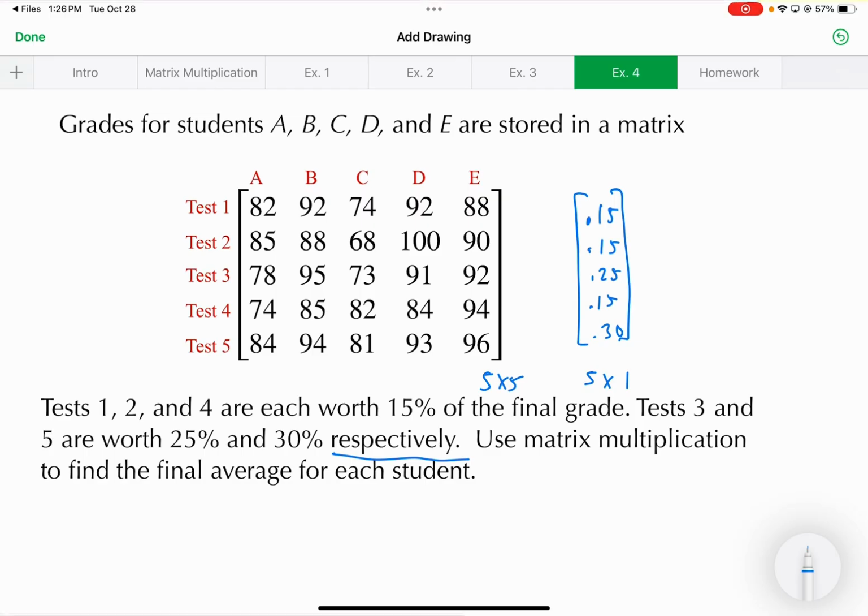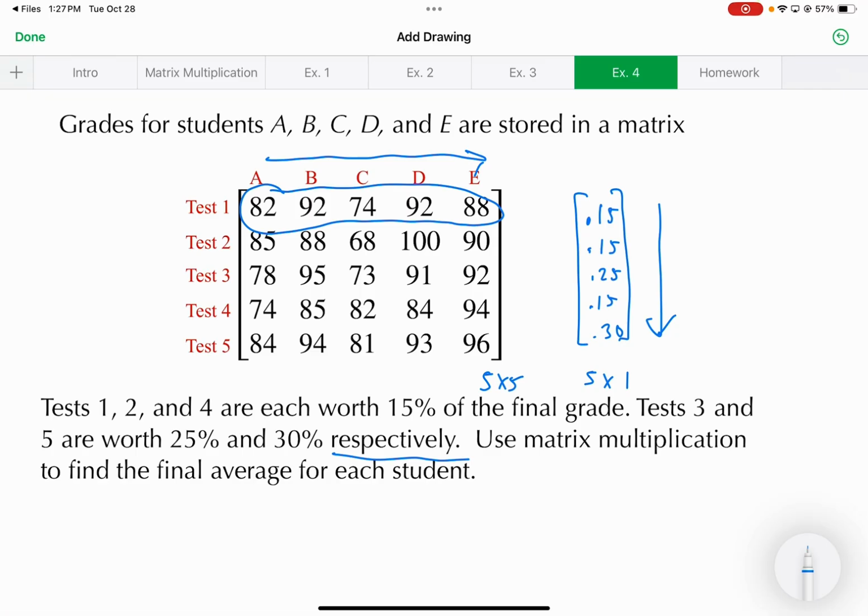All right, now when I do matrix multiplication, let's think about what that looks like here. Because if I do that, I would have to do rows by columns, right? So row by column. So I would go from left to right and then top to bottom. But what would that tell me? Yeah, that'd be some of the weighted grades, right?